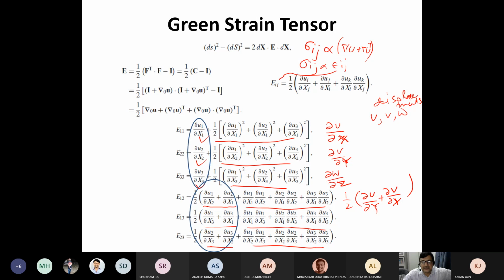Now epsilon ij is a representation of that. You can think about this as the gradient of u, and this as plus gradient of u transpose, right? And then you have this additional term coming in here, which is the consequence. These are the terms which are summarized like this.